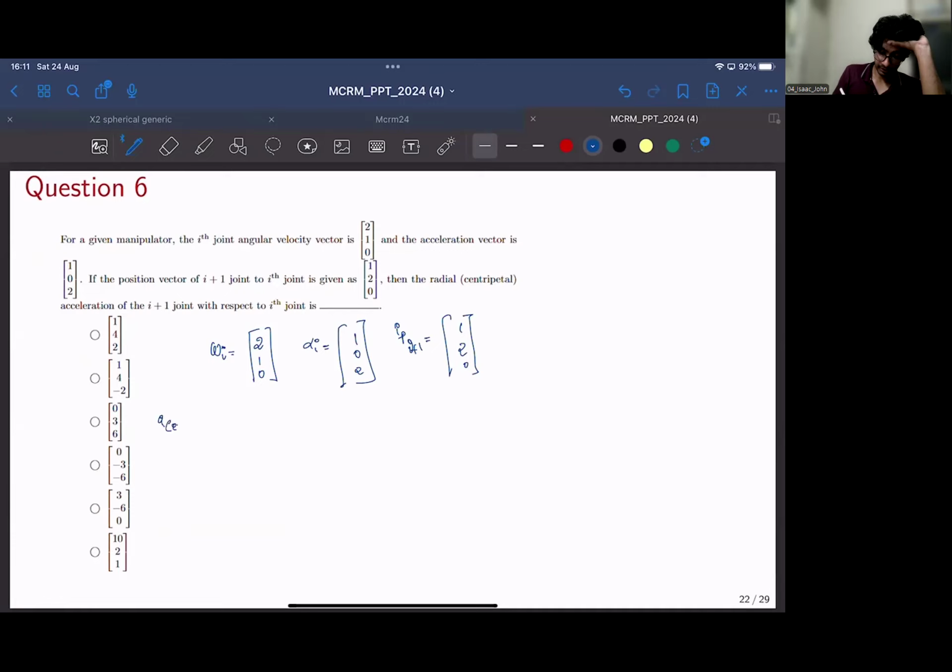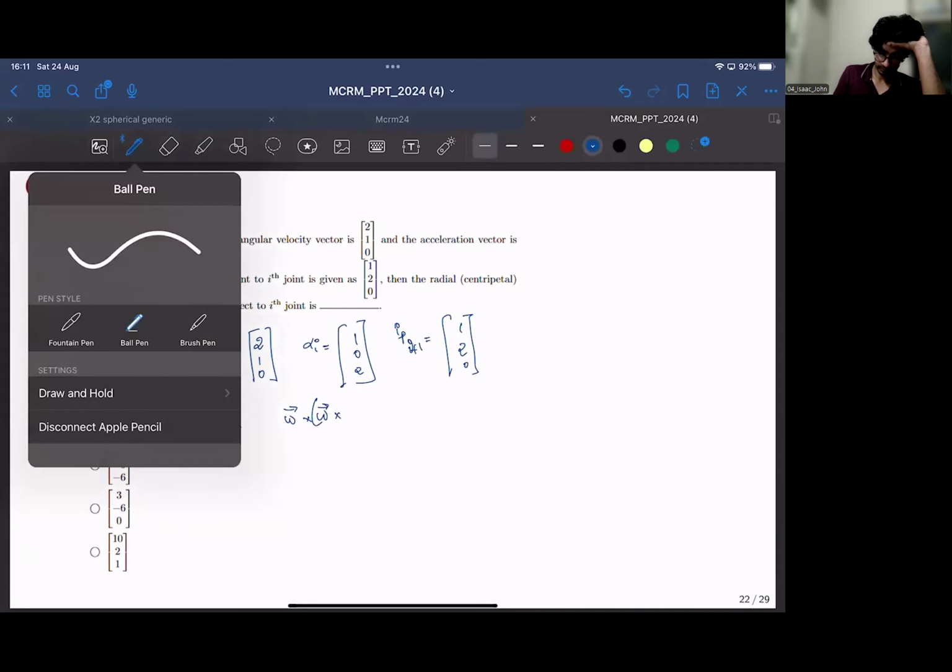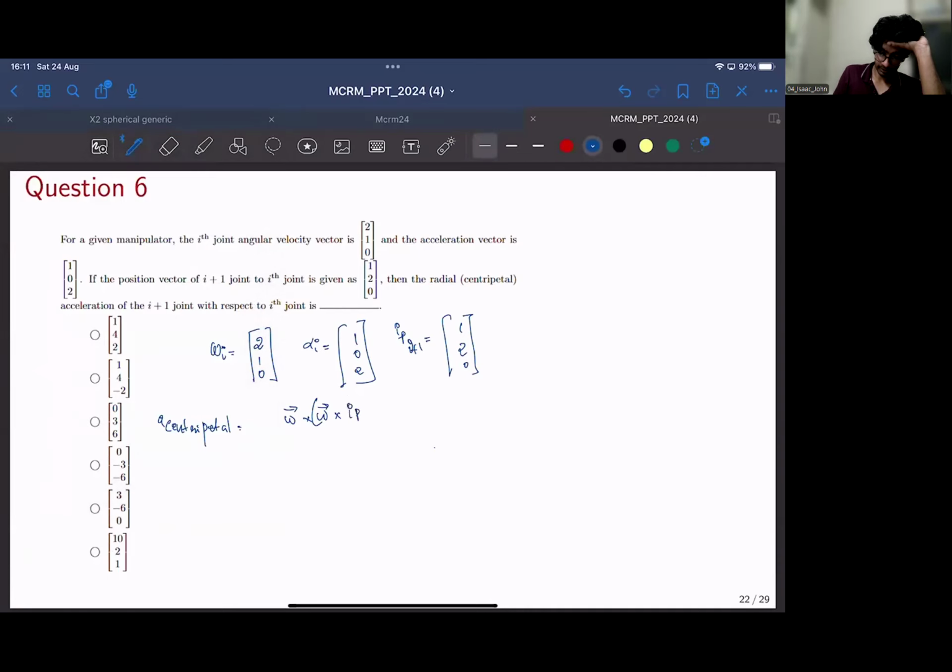And a centripetal is nothing but omega cross (omega cross iP(i+1)).